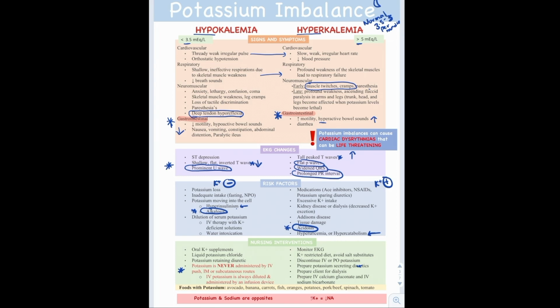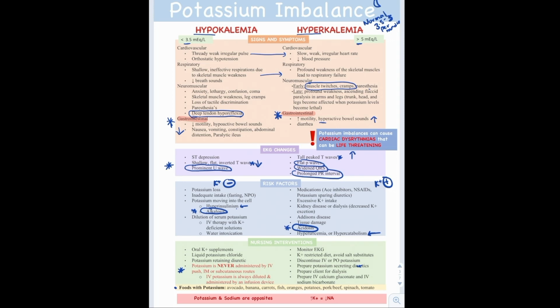And then just to remember, foods with potassium, because this might be something they ask you on NCLEX. Your patient has hyperkalemia, which food would you not give them? So foods with potassium: avocado, banana, carrots, fish, oranges, potatoes, pork, beef, spinach, and tomatoes.